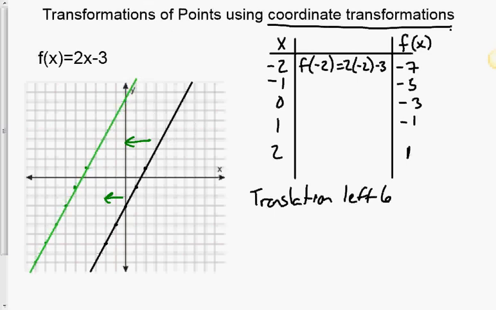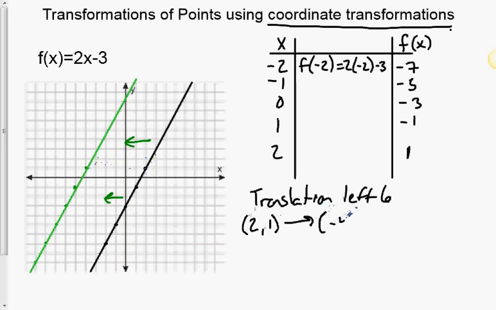Now the notation behind this is important because we want to be able to represent every single point on this line and how it translated to the next line. And so if we take a look at just some simple points, maybe that first point that we translated, 2, 1, and see how that was transformed. Okay, so 2, 1 became the point to the left 6 places.